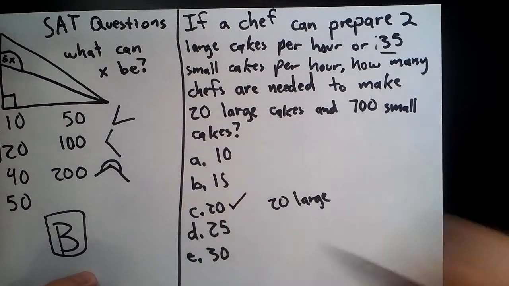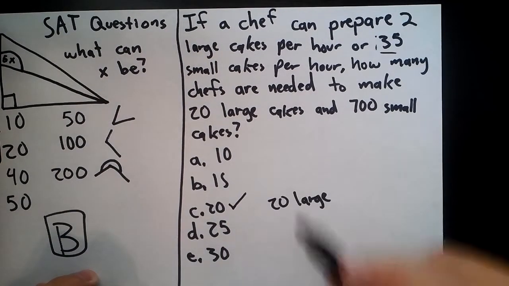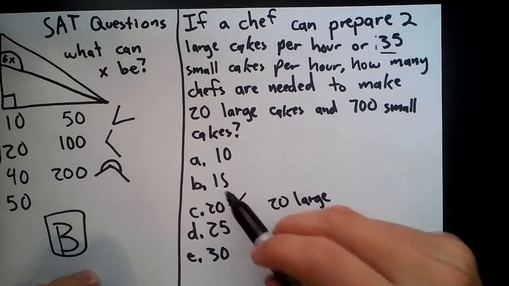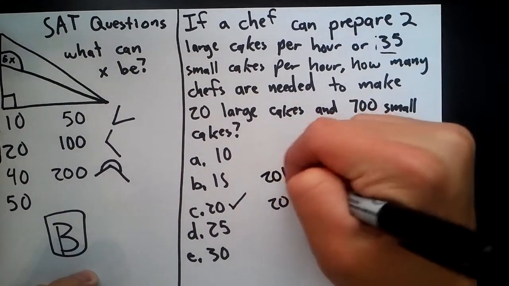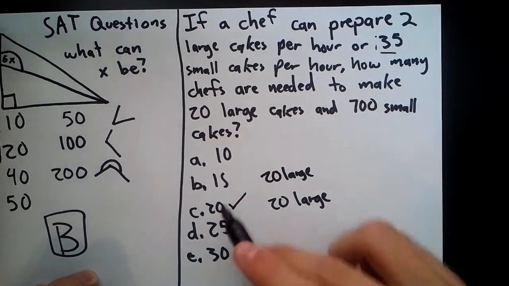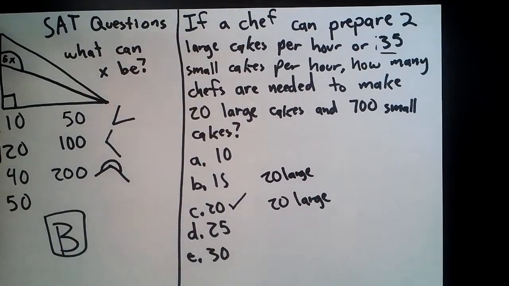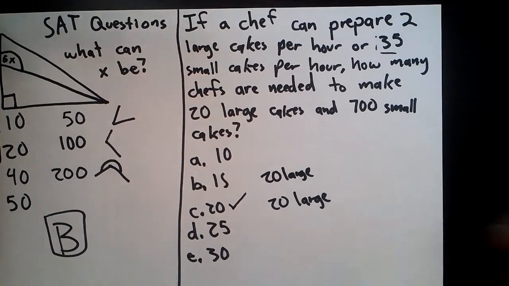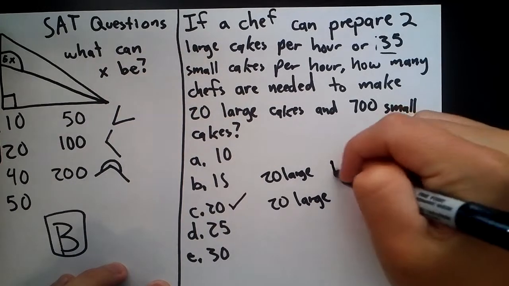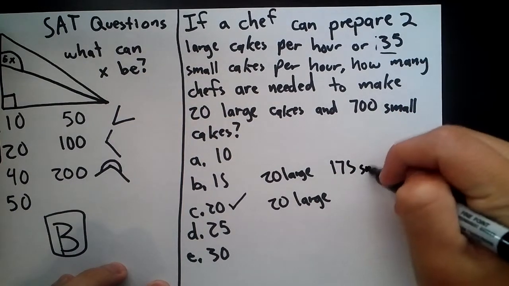So yes, this one works. If we used 10 of these for 1 hour, we would have 20 large. And then we'd still have 5 left over for that hour. That could make 5 times 35, 175 small cakes.